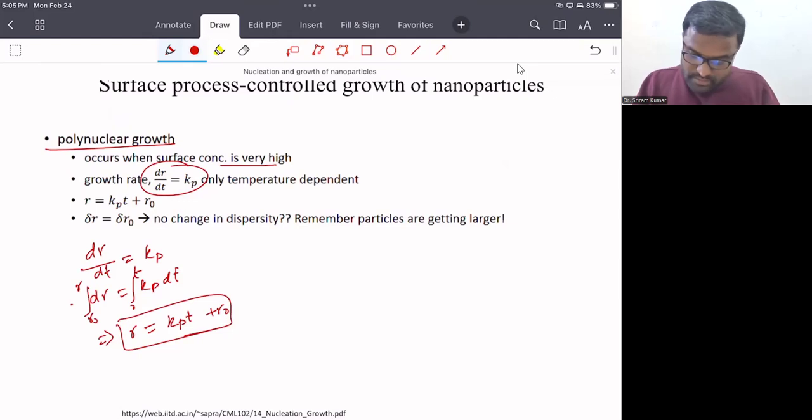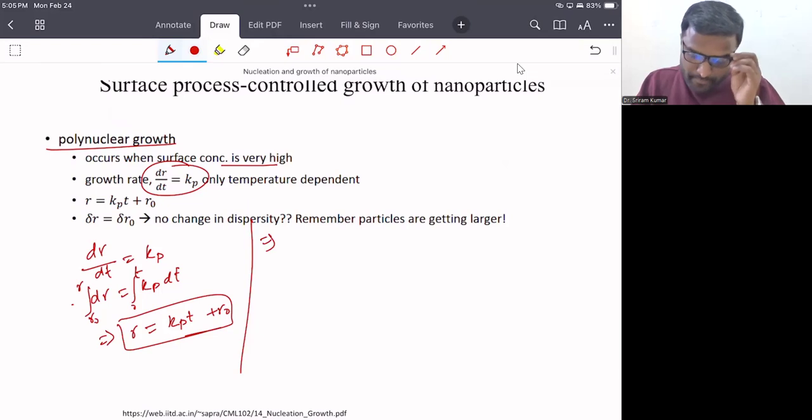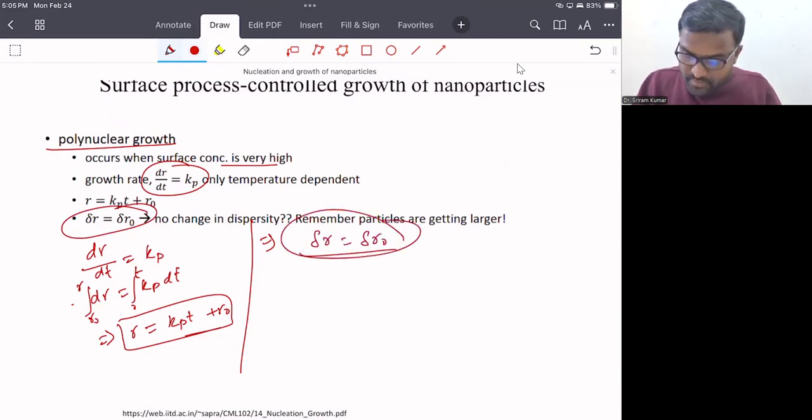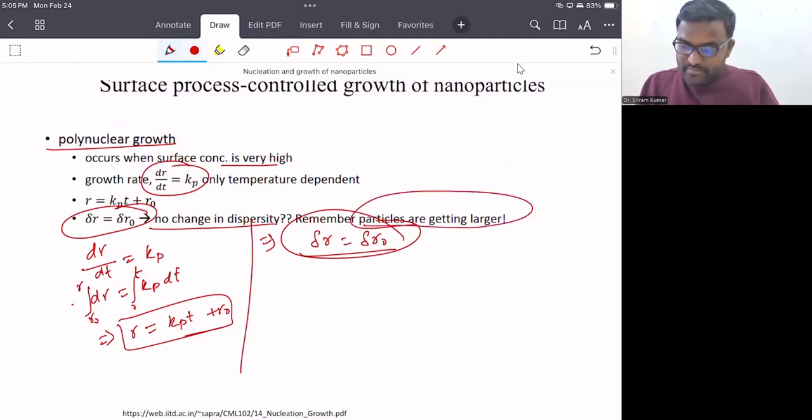This is the radius of the nuclei. And if you want to know the change in size, we have a similar size as at the initial stage. So again, there is no such kind of dispersive change. In this case, we get the bigger particle, and there is no uniformity of the particles.